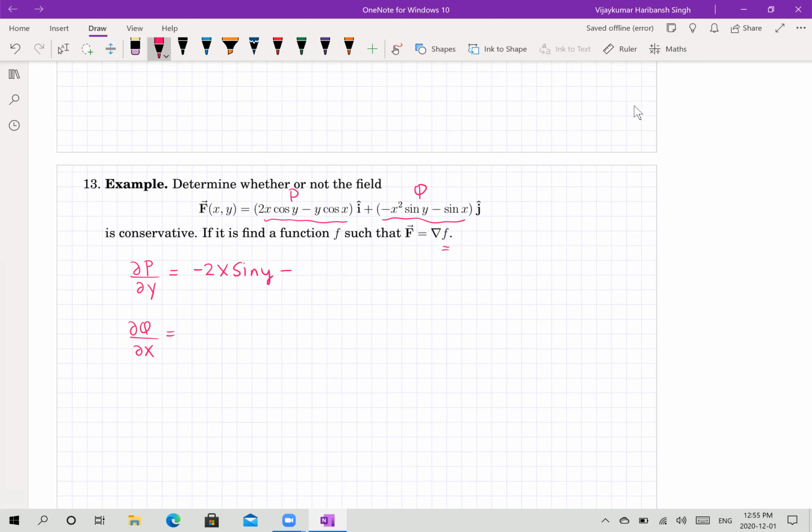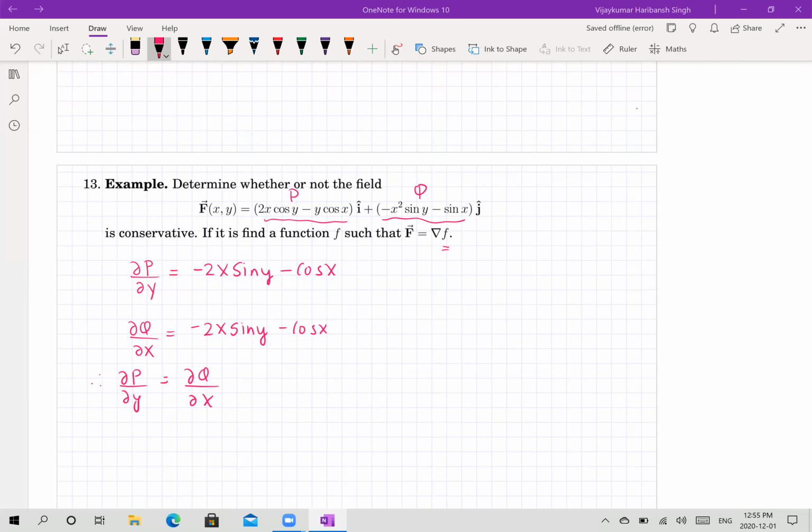Then we have minus cos x. What about ∂Q/∂x? The derivative of x squared is 2x, so minus 2x sin y, and the derivative of sin x is cos x. So therefore we get ∂P/∂y equals ∂Q/∂x.